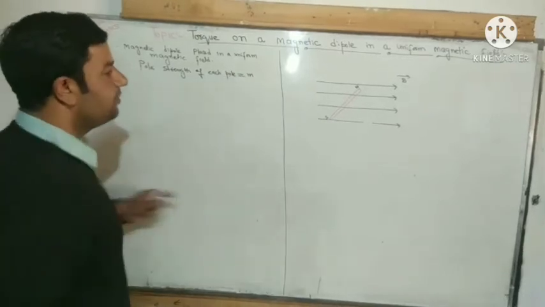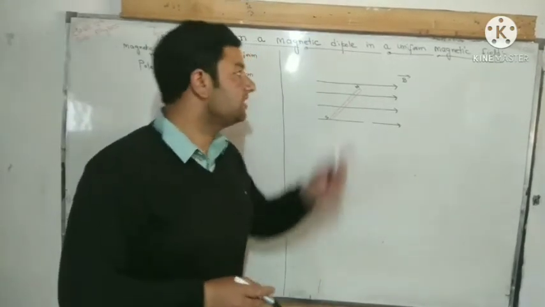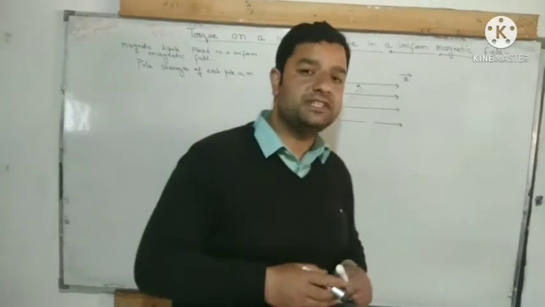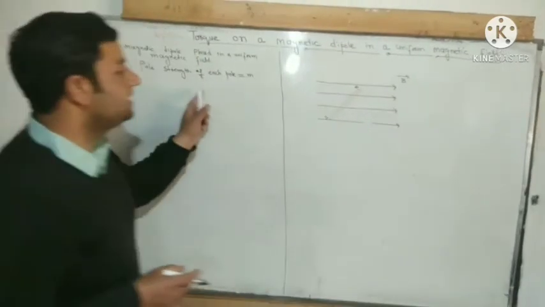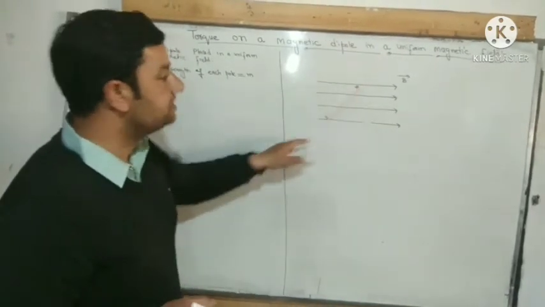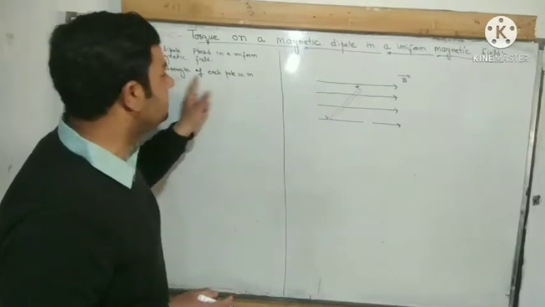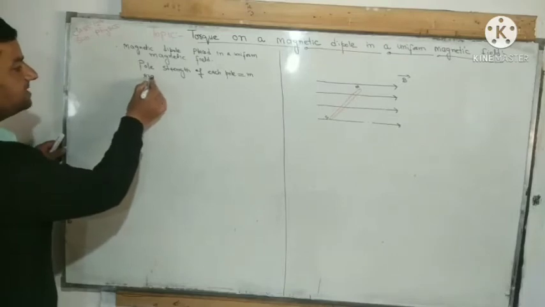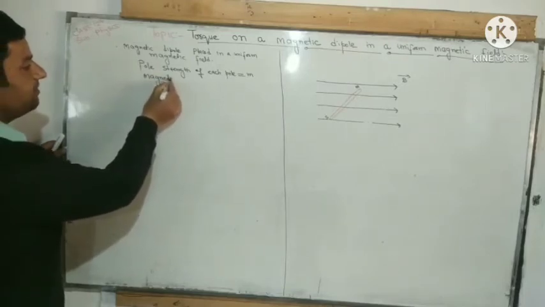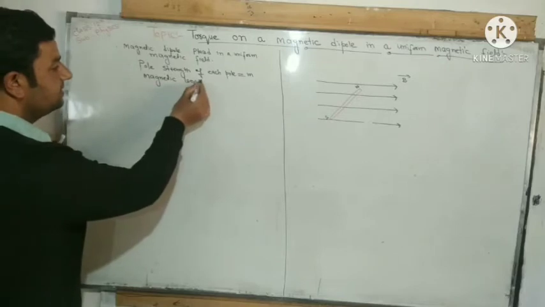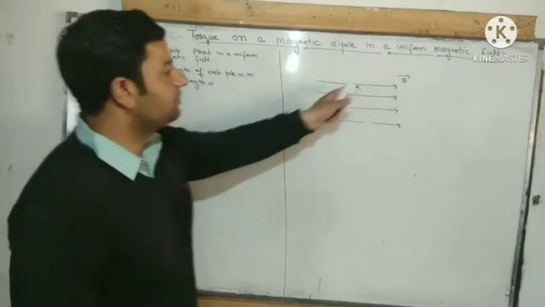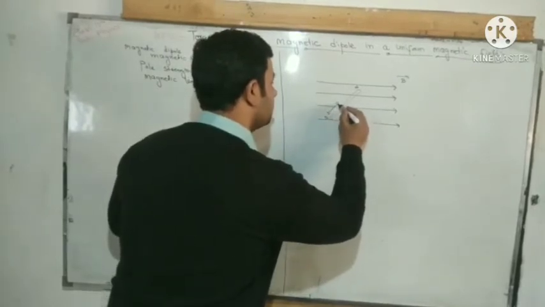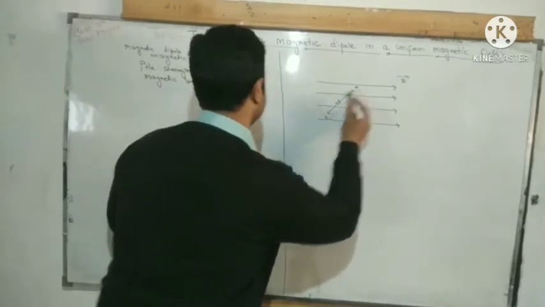Whether it is the north pole or the south pole, the pole strength of both poles is equal, m. Let us suppose the magnetic length, which means the distance between the north pole and the south pole, is equal to 2L.